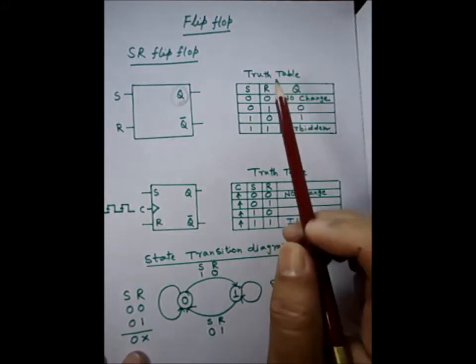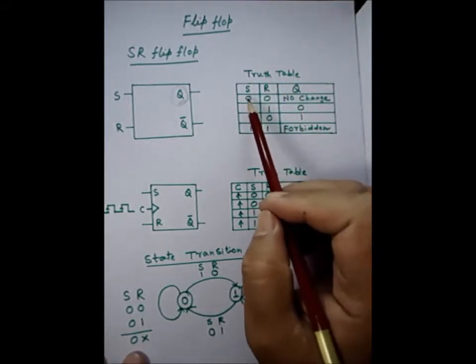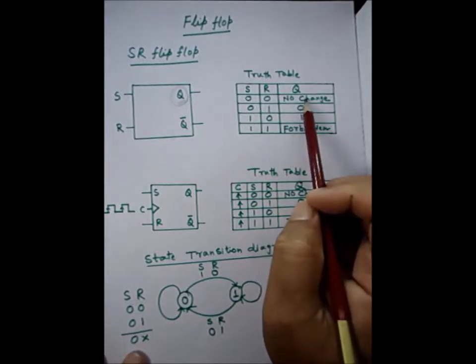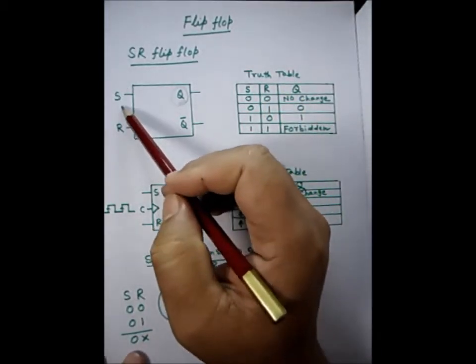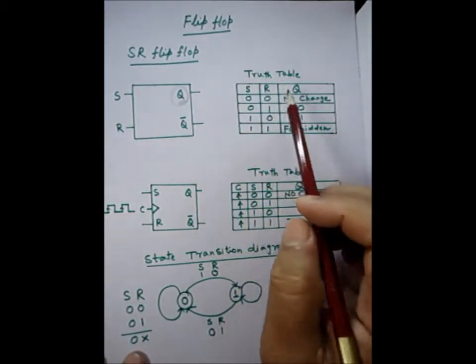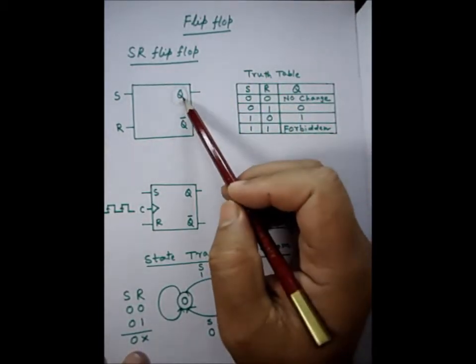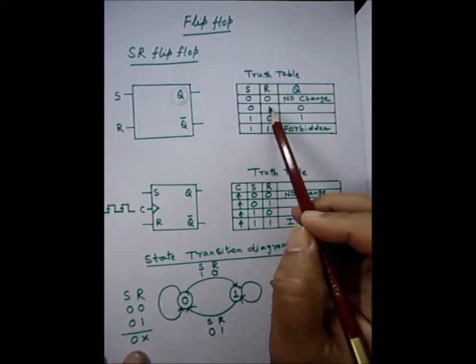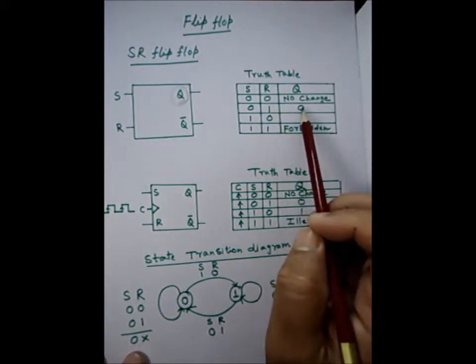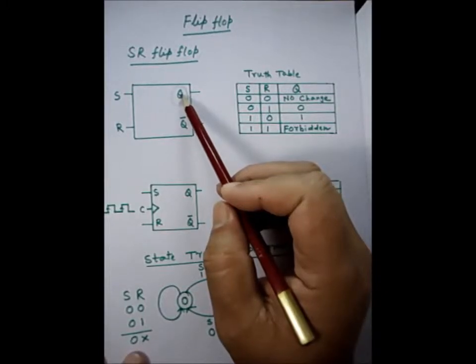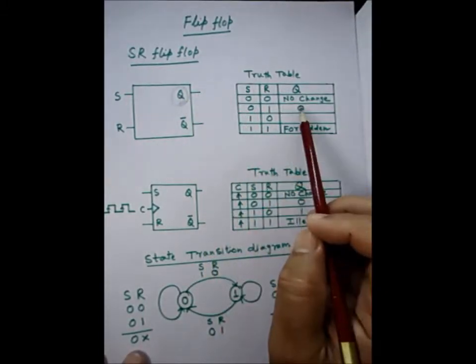Now you will see the truth table. If S equal to 0 and R equal to 0, the output does not change. Therefore, with 0 and 0, Q remains in the same state it was in previously. Another scenario: if S equal to 0 and R equal to 1, then output Q will become 0.